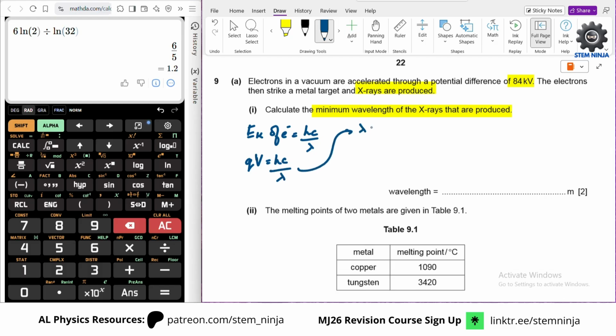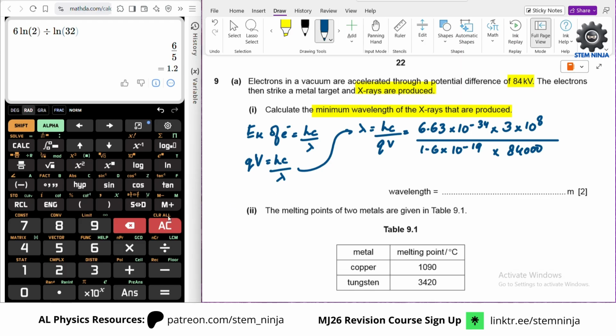So once we do that, lambda is hc over QV, which is 6.63 times 10 raised to the power minus 34, times 3 times 10 raised to the power 8, divided by the charge 1.6 times 10 raised to the power minus 19, and voltage 84,000.